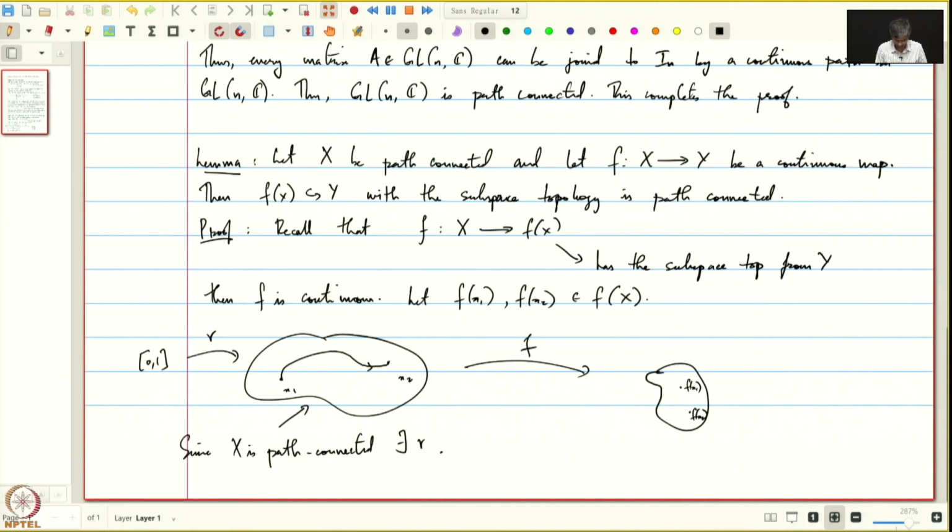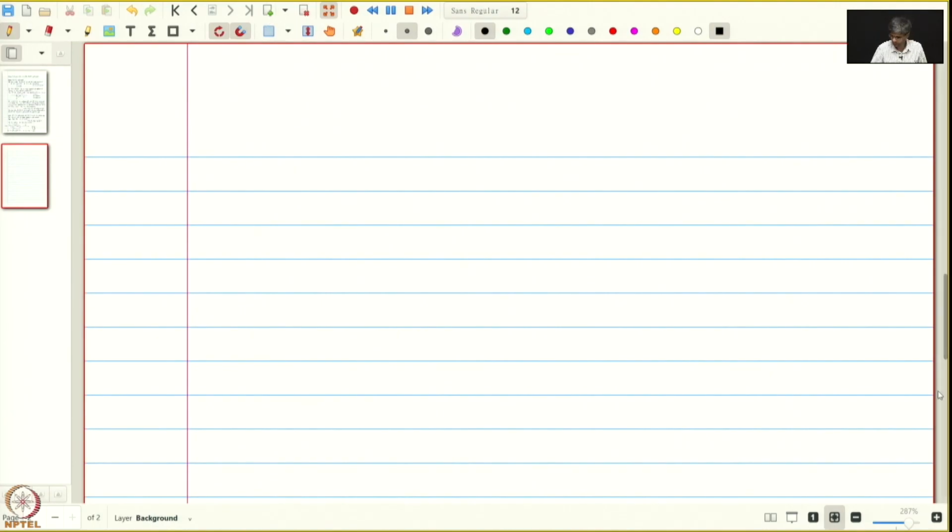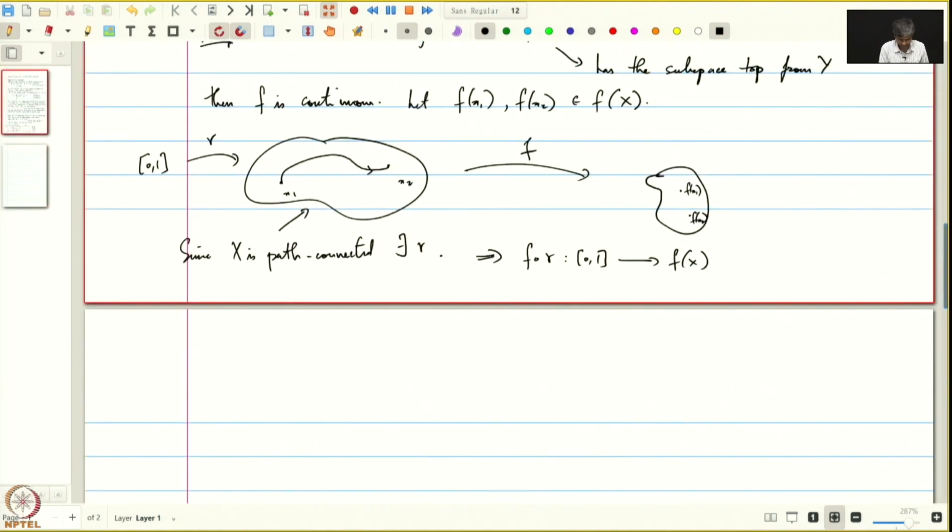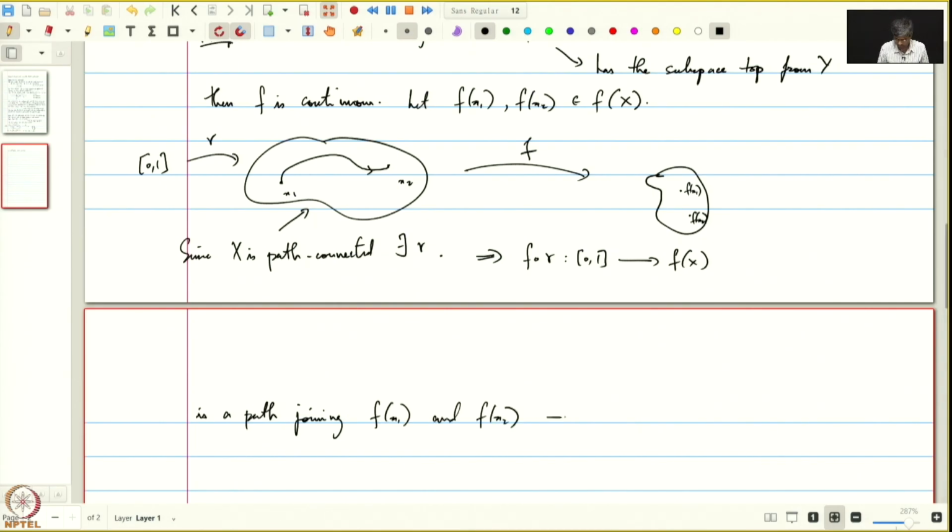So this implies that f composed with gamma from [0, 1] to f of X is a continuous path joining f of X1 and f of X2. So this implies that f of X is path connected. Okay, so this completes the proof.